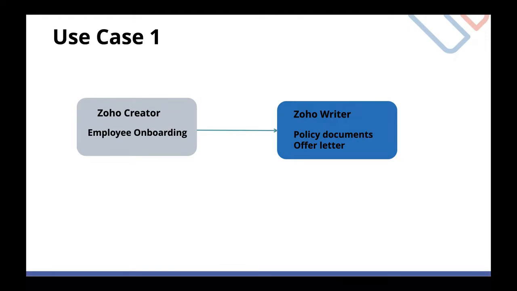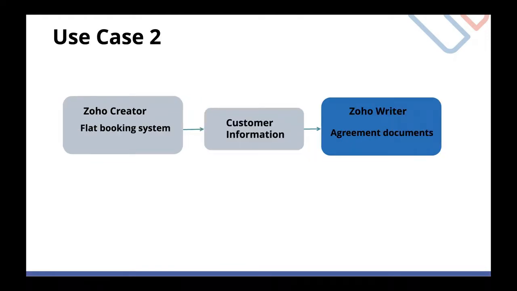That is one use case, and the second use case is a flat booking system. Right now we just signed a rental agreement with the tenant. Let us say there is a company holding thousands and thousands of flats and offering them to tenants. Consider the example of Airbnb. They rent space to users, right?